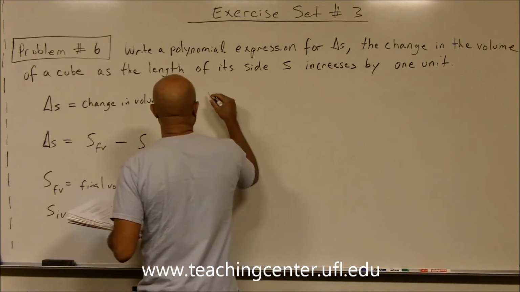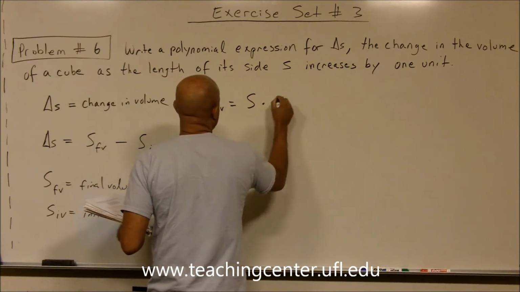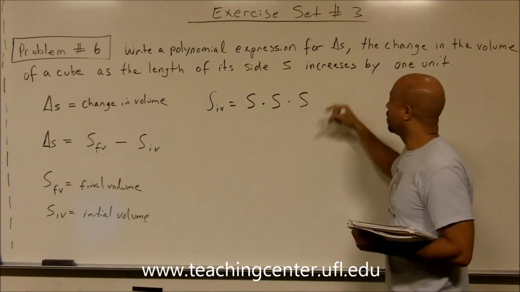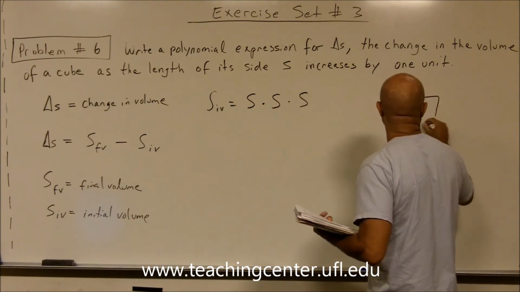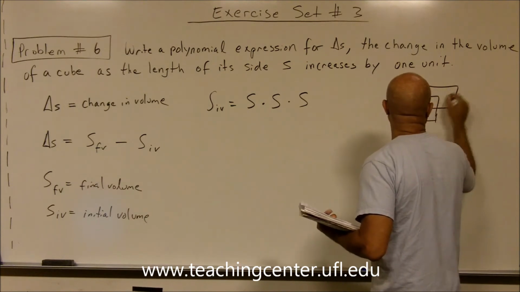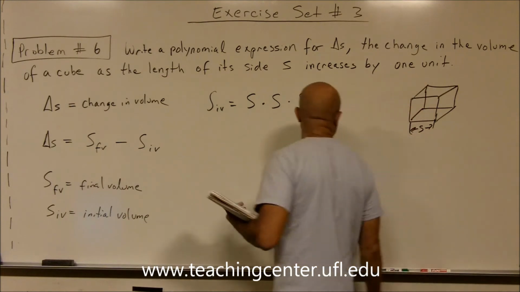And so we can say that the initial volume is equal to S multiplied by S multiplied by S. Since we're dealing with a cube, all of the sides of a cube are going to be the same. Okay?